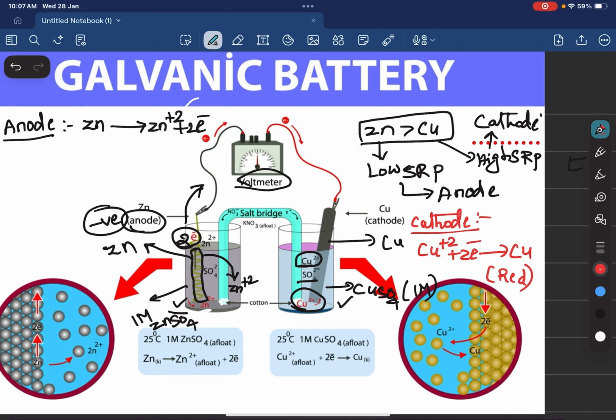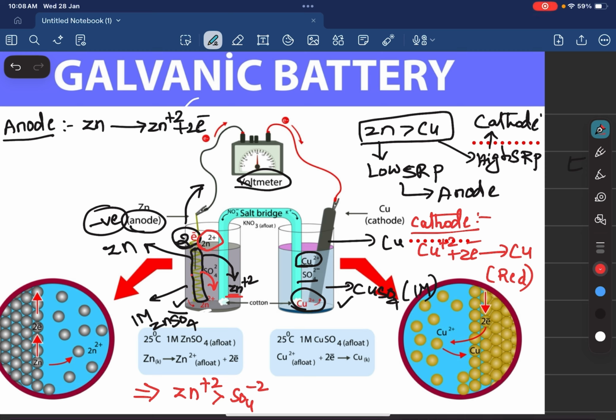So the anode gives electrons, the cathode takes up electrons, and during this you are supposed to know one thing. Over some time, Zn2+ ions increase in the ZnSO4 solution because the electrode is giving Zn2+ ions into the electrolytic solution. That's why over a period of time Zn2+ increases relative to SO4 2- ions in the anodic chamber.